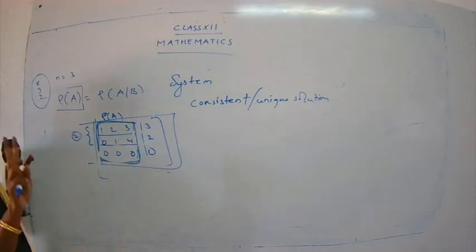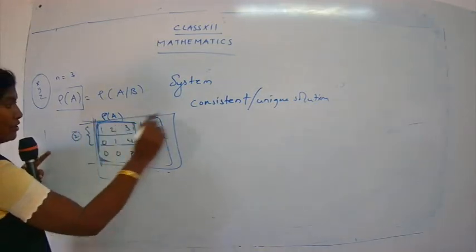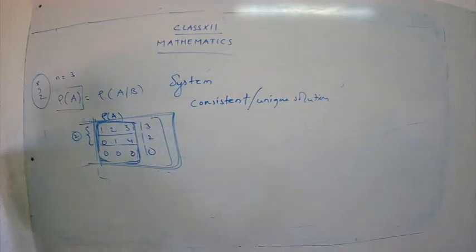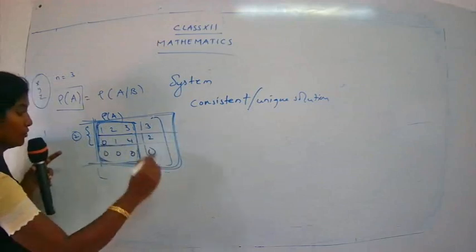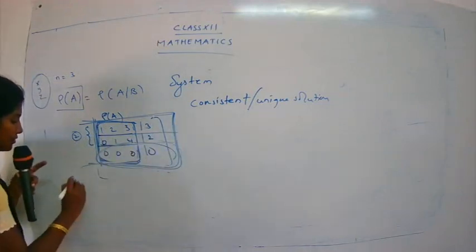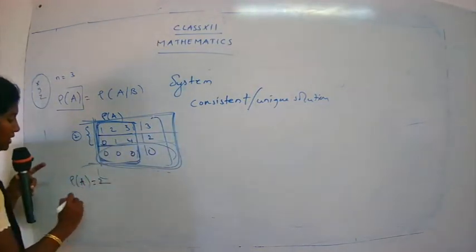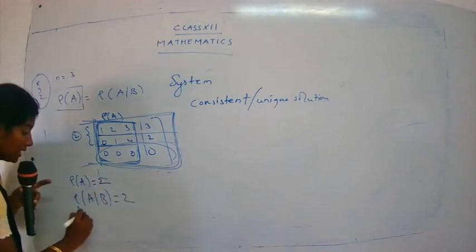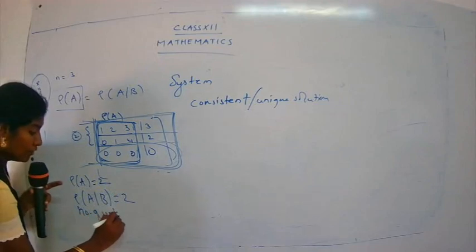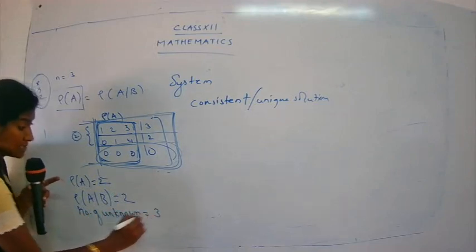You get the rank as 2. Similarly, now focus on rank of AB. Non-zero row, zero row. So rank of A is 2 and rank of AB is 2. But what about the number of unknowns? The number of unknowns we have taken as 3.